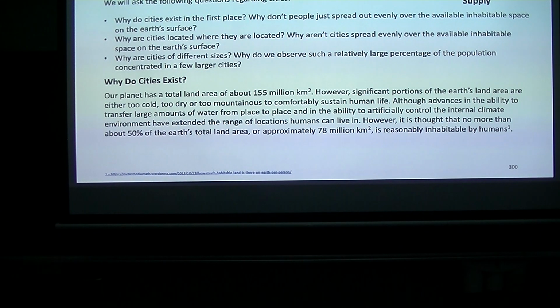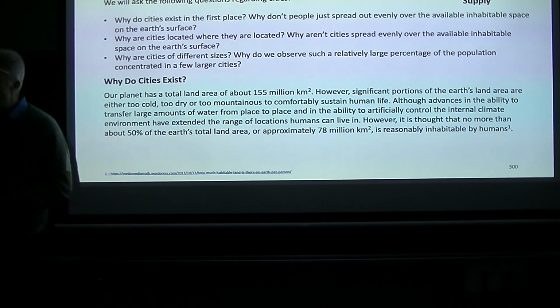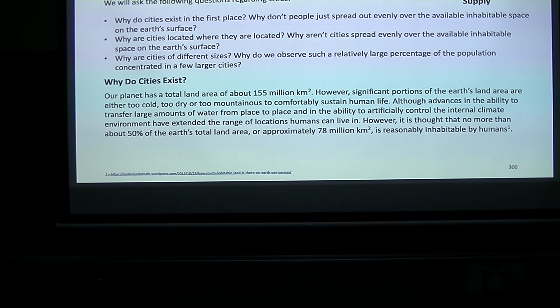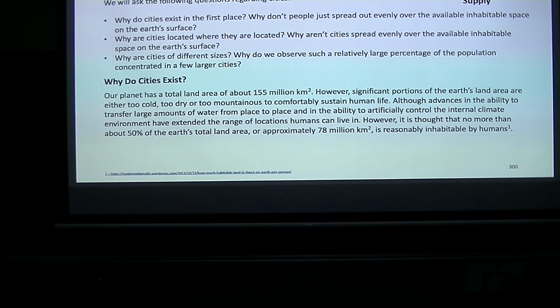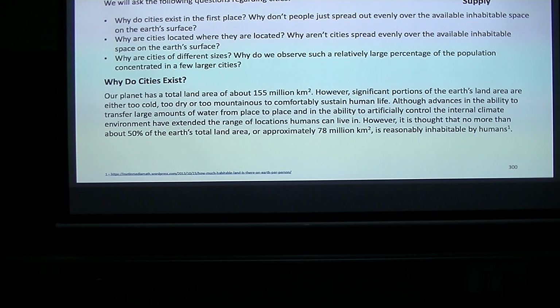In terms of a reasonable land area, I think that's the figure. I'll confirm that. I'm doing it from memory here, but that's reasonably habitable. Even though there's 7 billion people, the human population is concentrated in spatially very small areas. So why is that?